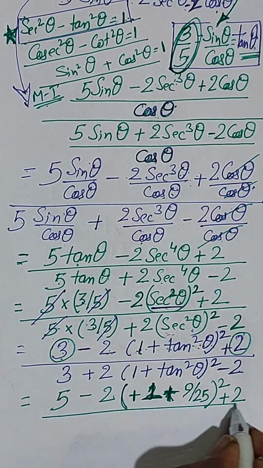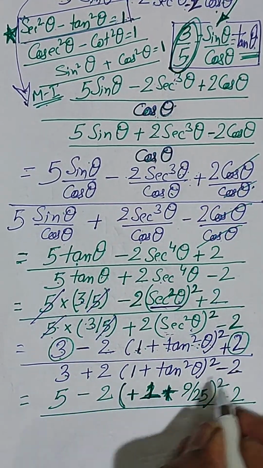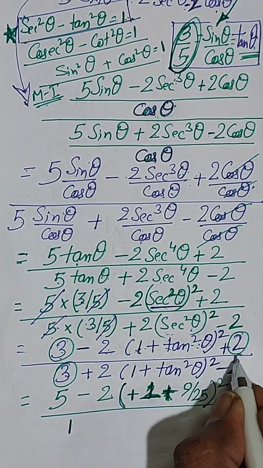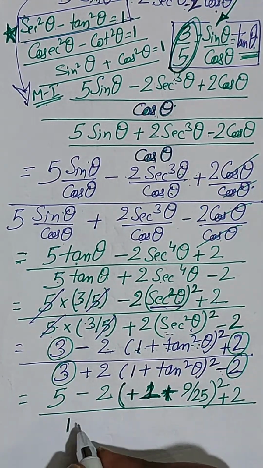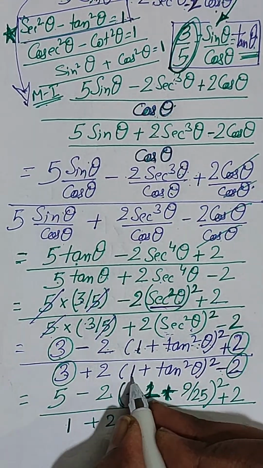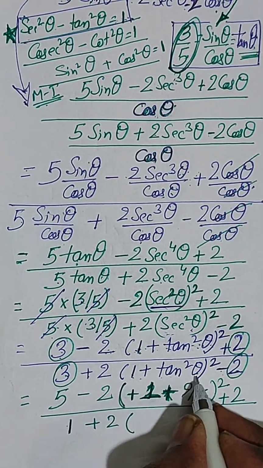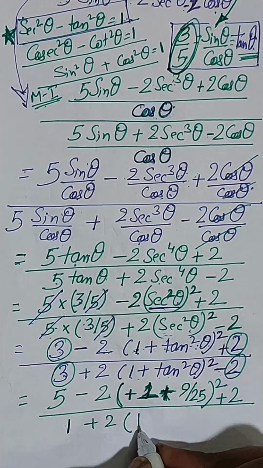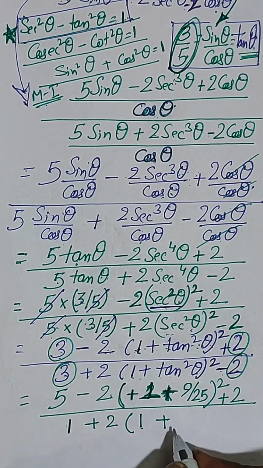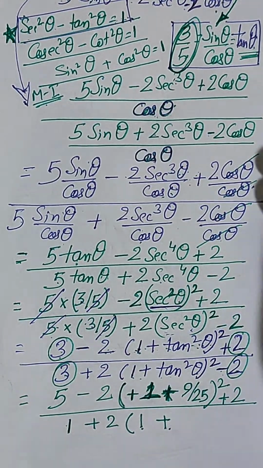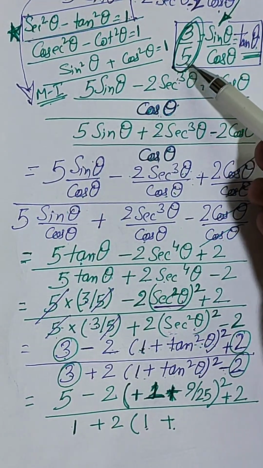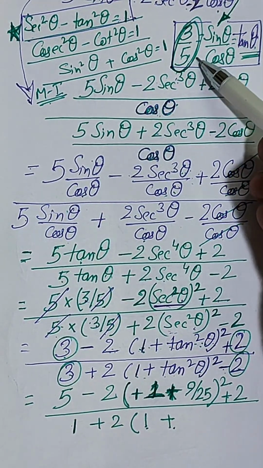Whole divided by 3 minus 2 becomes 1. This 3 and this 2 will become 1 plus 2 times, again into the denominator 1 plus tan square theta. So 1 plus tan square theta becomes 1 as it is, plus tan square theta. If tan theta is 3 by 5, tan square theta becomes 9 by 25, right?